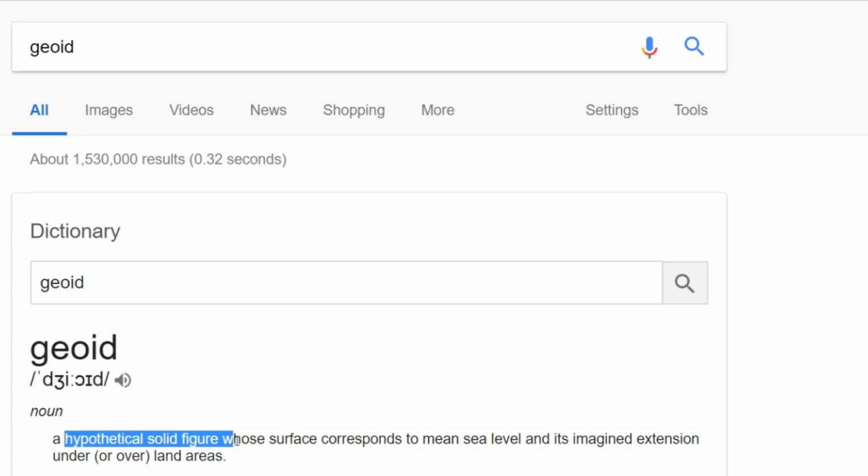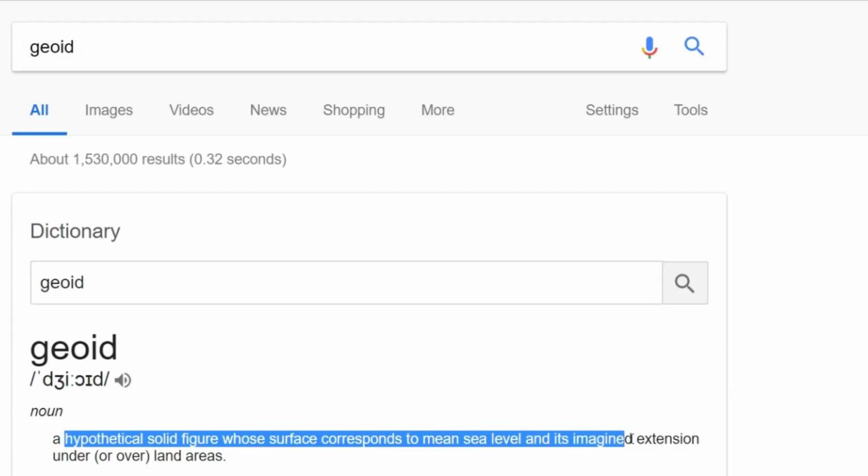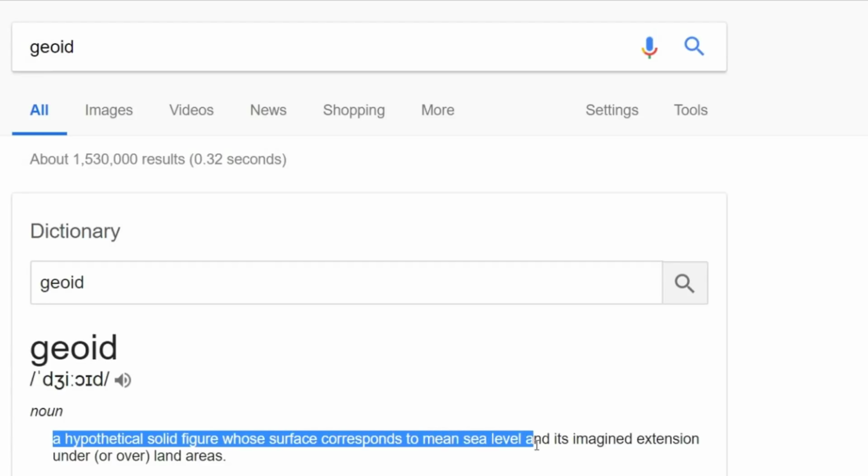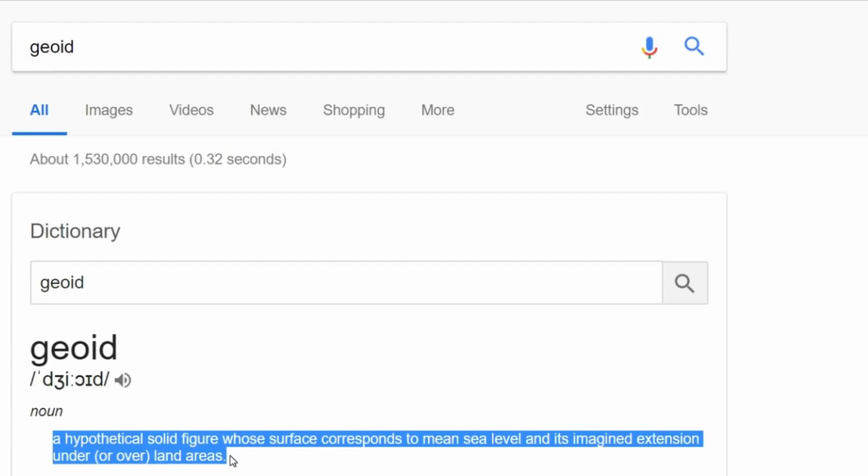But it's a hypothetical solid figure whose surface corresponds to mean sea level, and its imagined extension over or under land areas. So basically, Chris, what is this trying to describe? A hypothetical solid figure whose surface corresponds to mean sea level. What is it actually describing? This sounds to me like it's talking about nonsense.